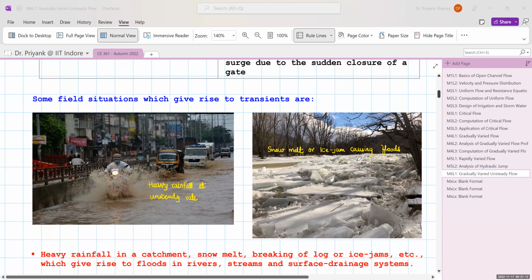Once it is on the upstream side, there may also be some water being stored behind it, and when it suddenly starts melting, it will break the entire barrier and then flow. That is a highly unsteady flow. An avalanche also is a transient where, although the water is in solid form, it is still a form of water. So that is also an unsteady phenomenon.